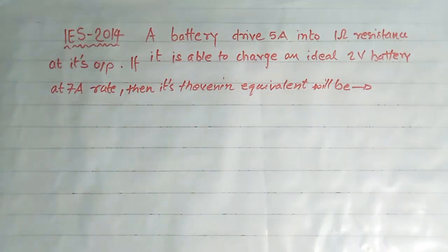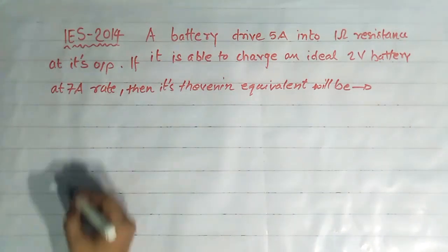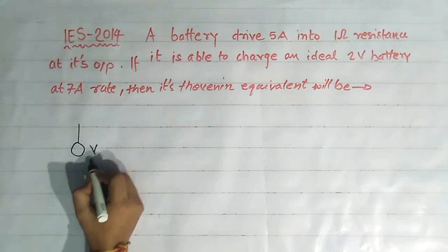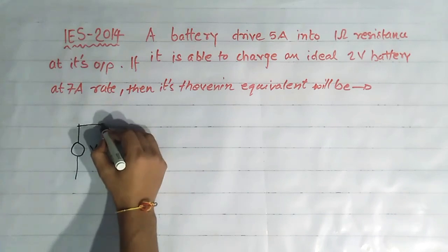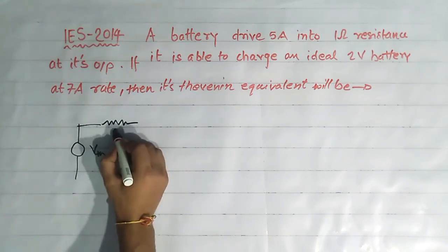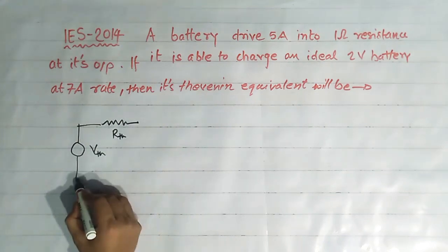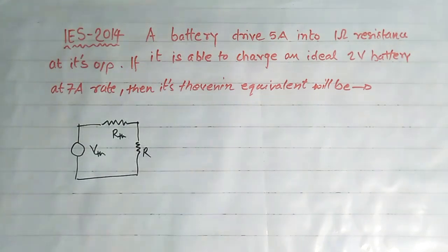So here we have to find the Thevenin equivalent of the battery. Suppose the battery has voltage VTH and resistance RTH, and it is delivering current to this resistance R.